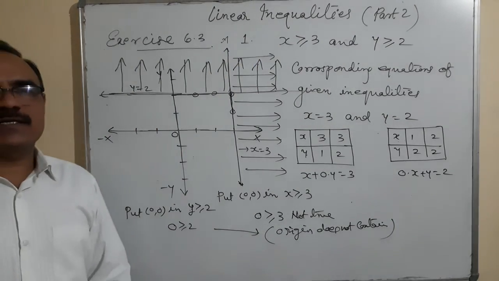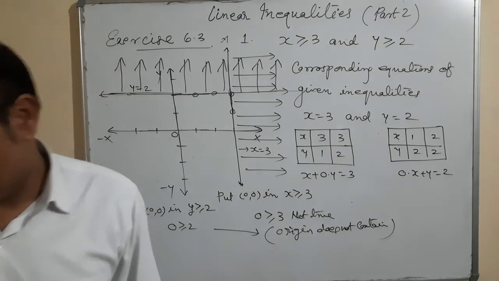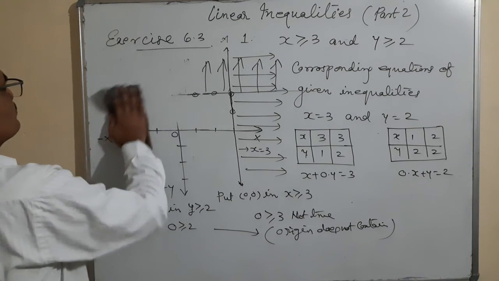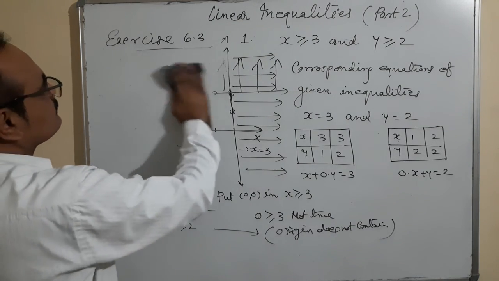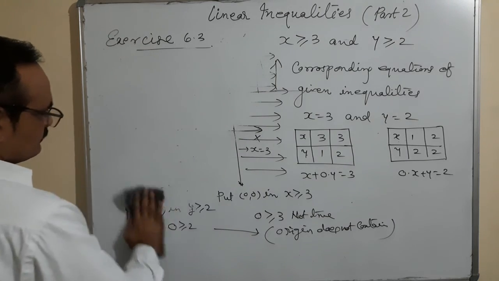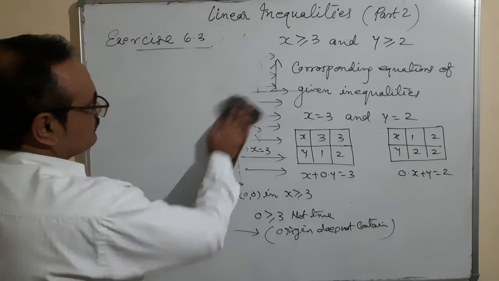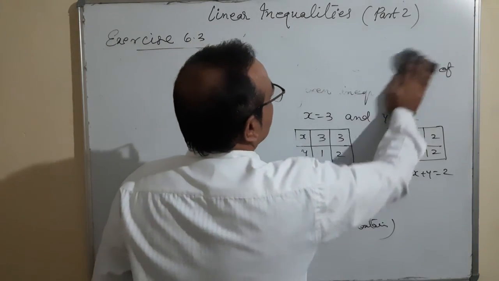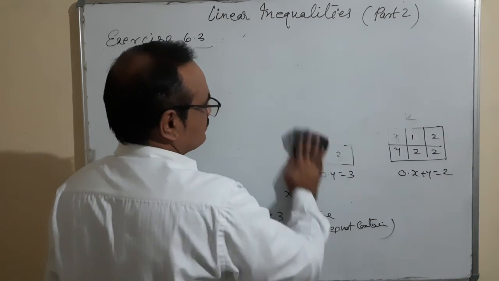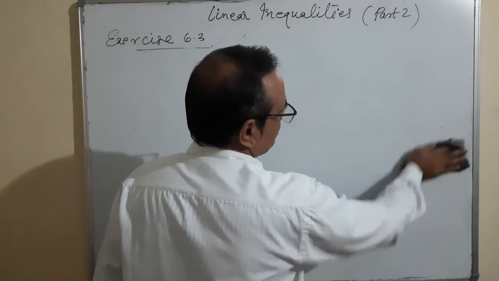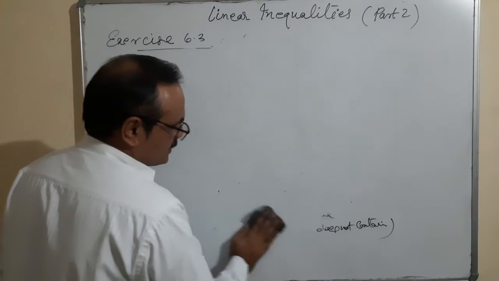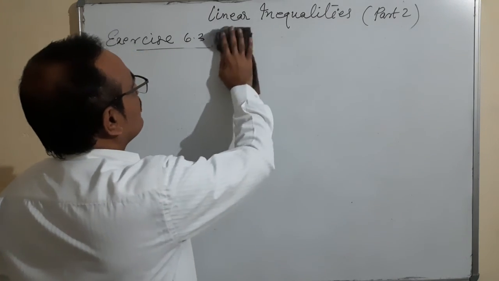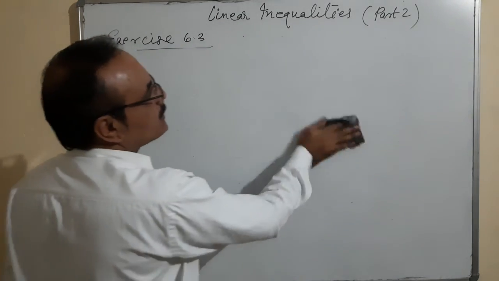So this is the representation when two inequalities are given. So the procedure is the same whether there is a single inequality or more than one inequality. Okay, our working rule is same. There is no change in the working rule.